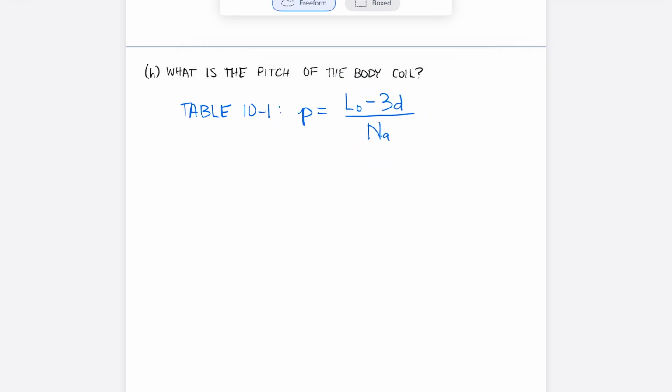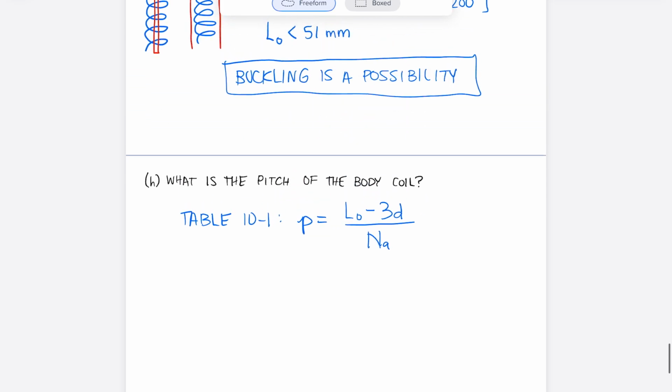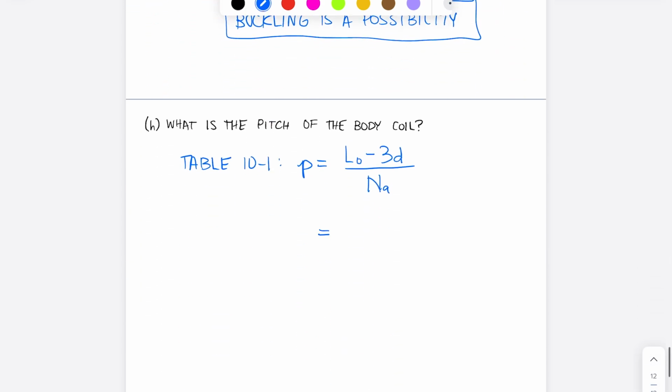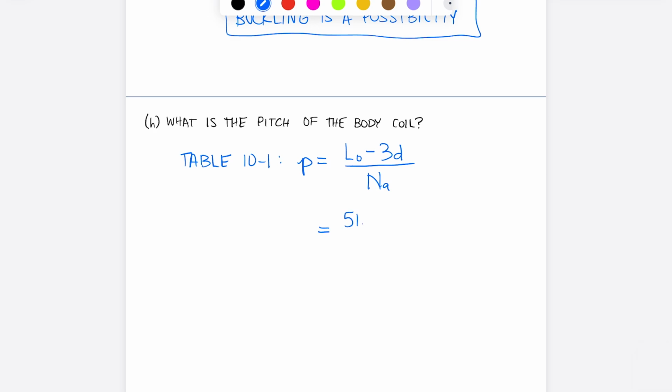Okay, and I've already got everything I need to plug in here. So my free length was 51.52 minus 3 times the wire diameter, which was 0.94 millimeters, and then divided by the number of active coils, so that was 10.5.